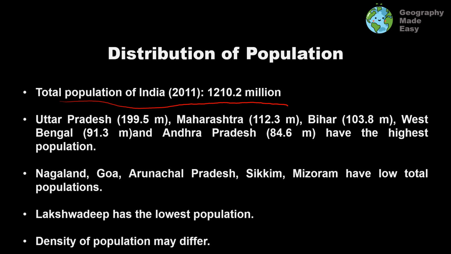In comparison, Uttar Pradesh, Maharashtra, Bihar, West Bengal and Andhra Pradesh have flat terrain, and here the population density and growth have been higher. The Union Territory of Lakshadweep, which is an island, has the lowest population. And as we have discussed, density of population differs from one state to the other.